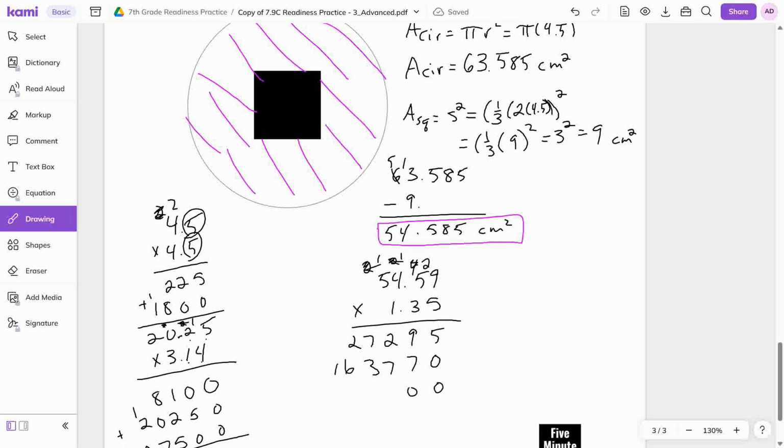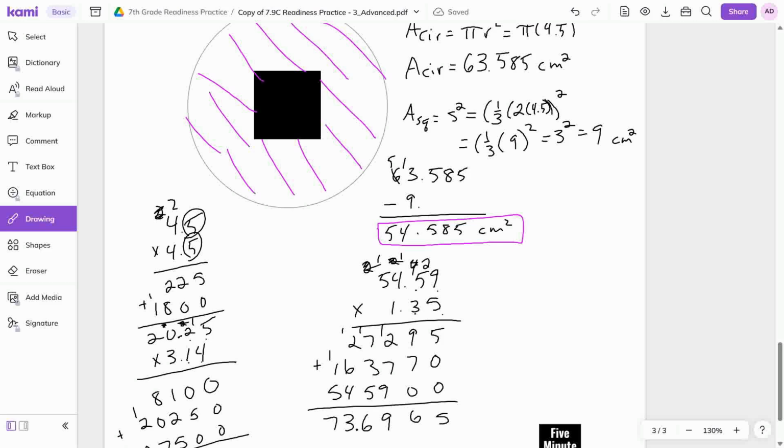And then I can just write my 54.59, that's 5, 16, and that is 19. And let's see, I've got 10, 16, 10, 13, 7, 1, 2, 3, 4.